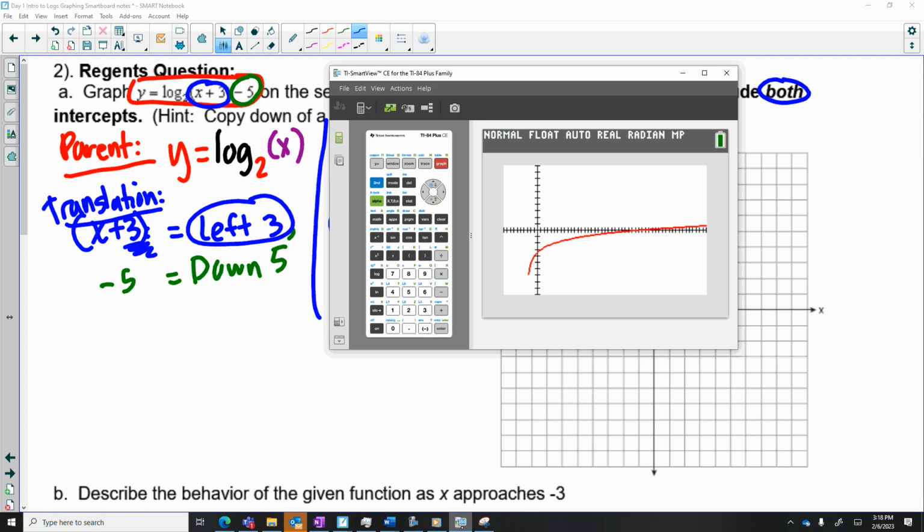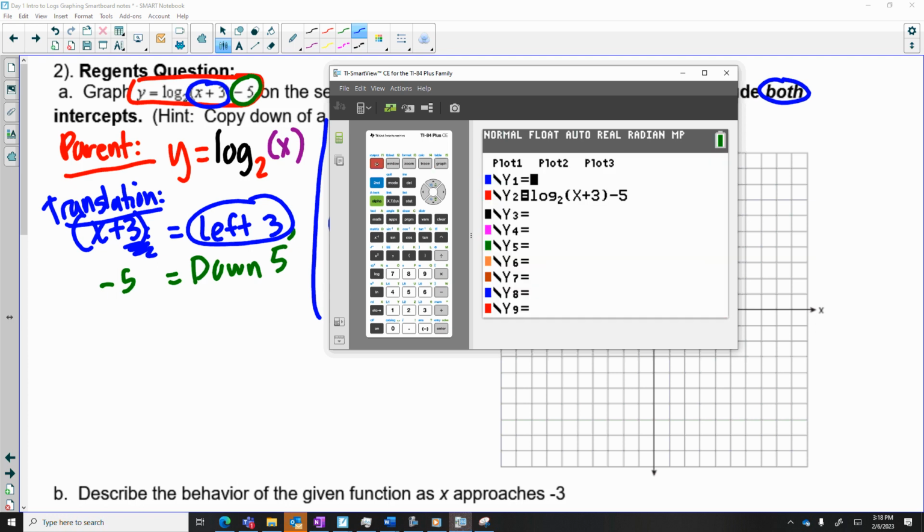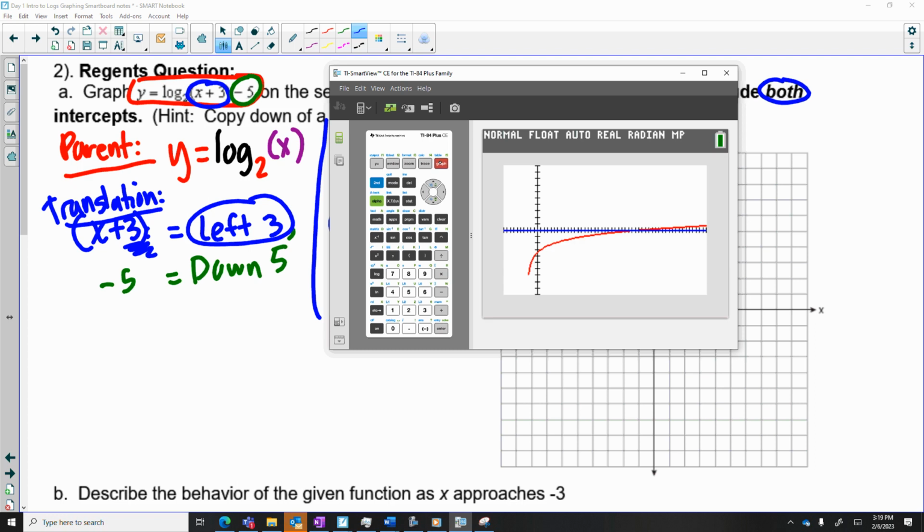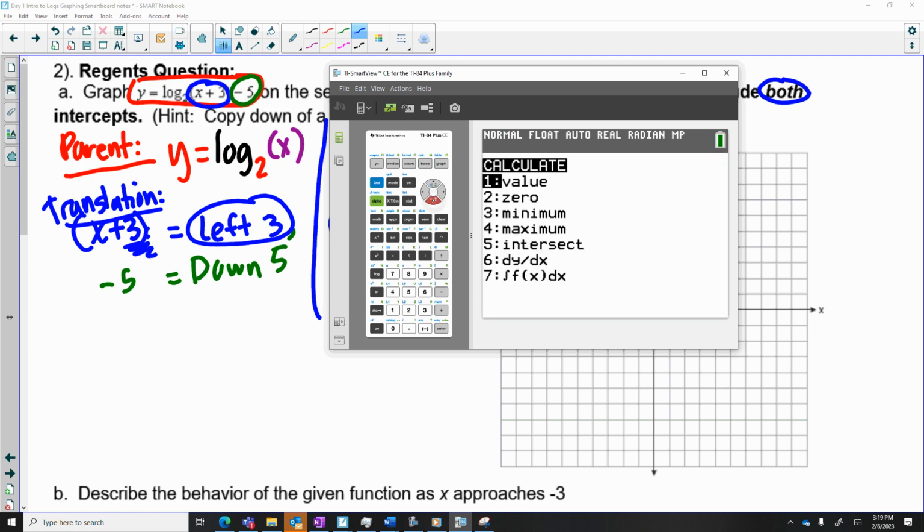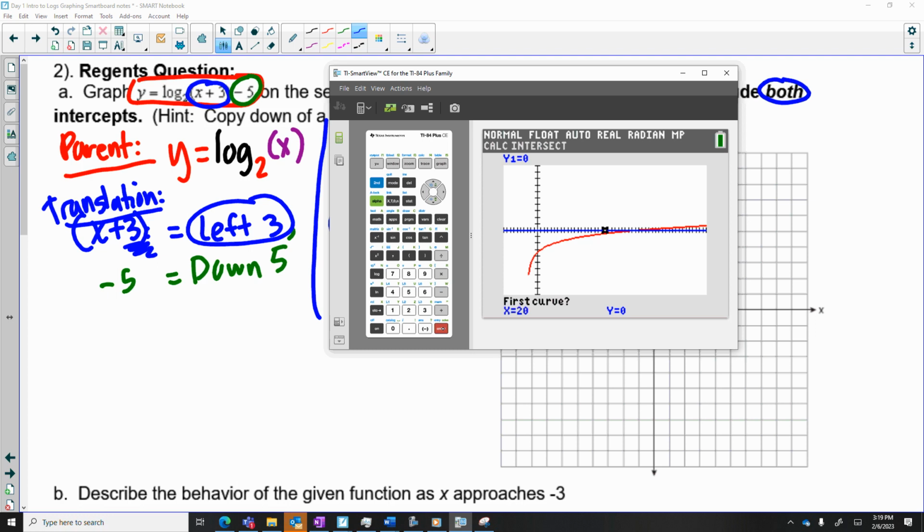Now let's say I don't know what that intercept is. Instead of zooming and scrolling on my table, I can go to Y2, or Y1 in this case, and type in y = 0. Basically I can intersect my red graph, which is my log, with my x-axis. To do that, I'm going to hit 2nd TRACE 5, which is intersection, and then I'm going to intersect them with each other, ENTER 3 times, and I got (29, 0).